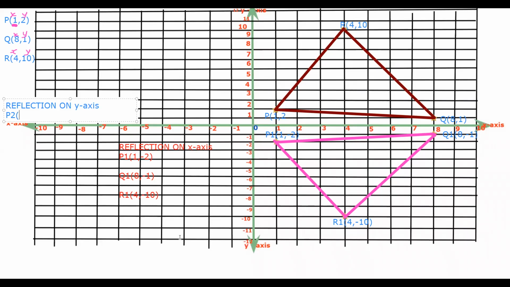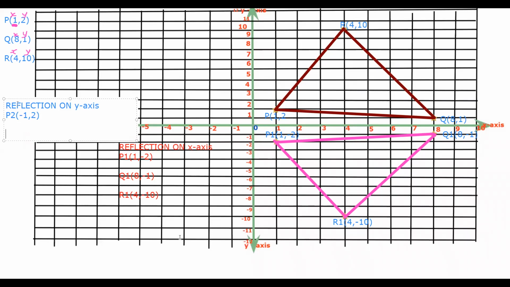Once the 1 and 2 is reflected on y-axis, it means we should protect the y coordinate and negate the x. So the x is -1 and 2. You are protecting, so you are not touching the y coordinate.